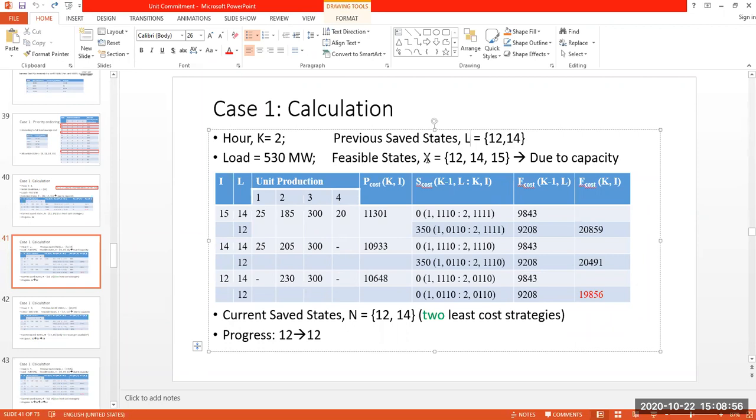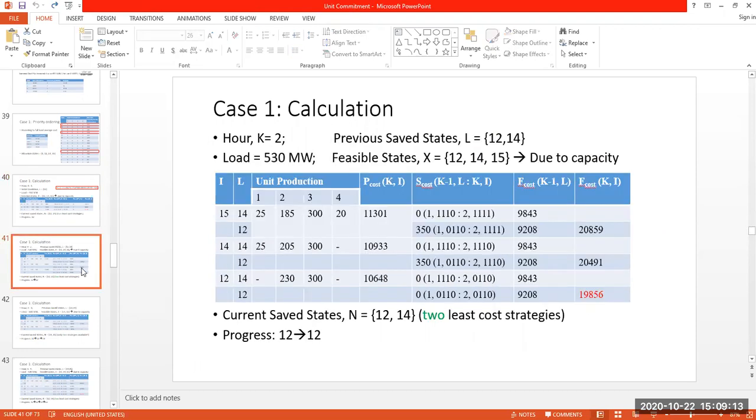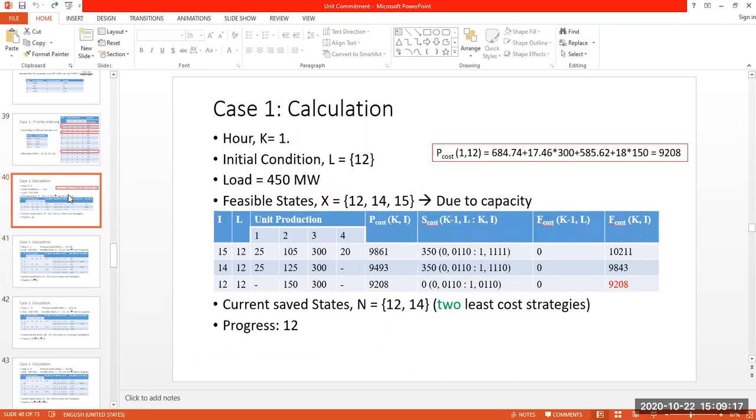And what are the feasible states? What are the X values? Again, I have to check among the 4 allowable states. Remember, we had 4 allowable states. State number 5 was also there in the allowable states. So you see the demand has increased. It was 450. Now it is 530. So of course, state 5 cannot be feasible, because even 450 megawatts it failed to satisfy.